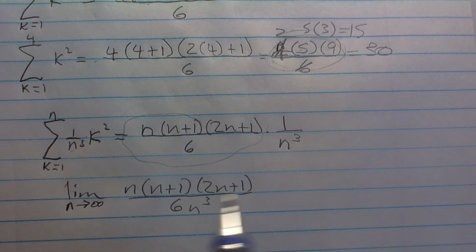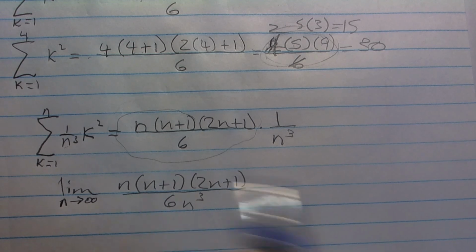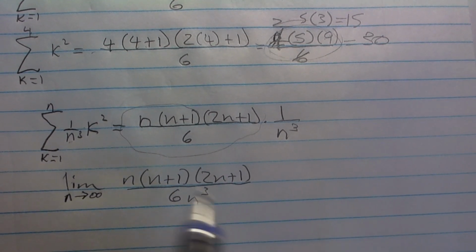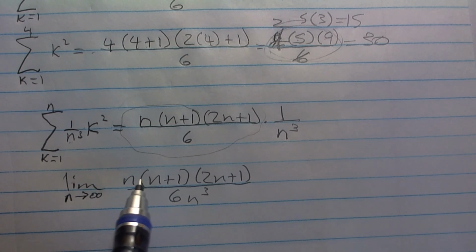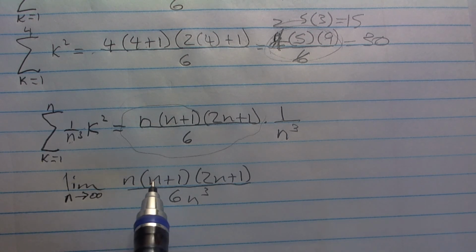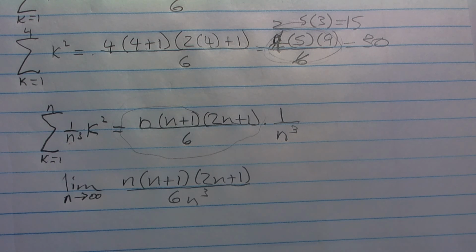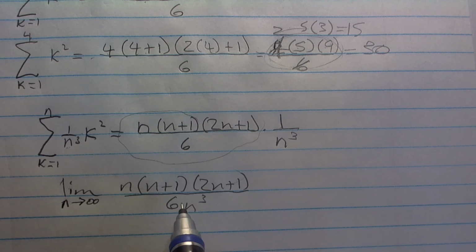Just to cut down on the algebra, remember from your college algebra, this is one polynomial over another, and you can think of it as trying to find the horizontal asymptote, or back when we did limits involving infinity. Remember, if the degree on the top and the degree on the bottom are the same, it's the ratio of the leading coefficients.